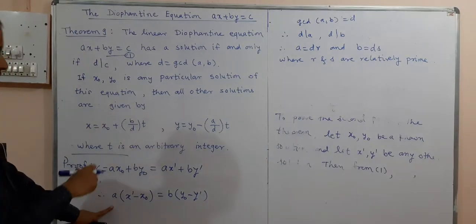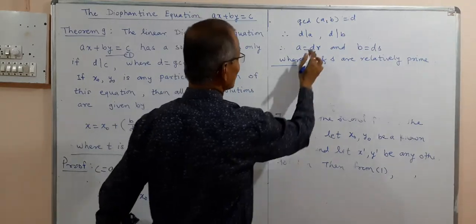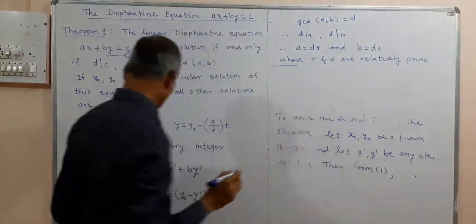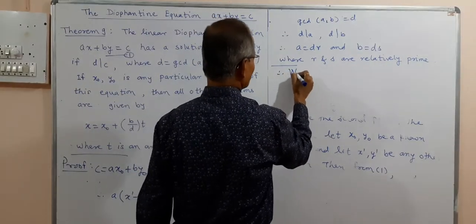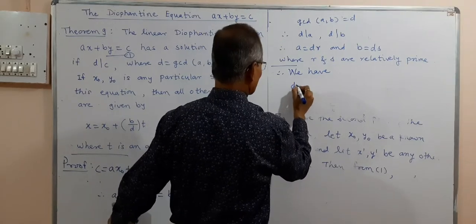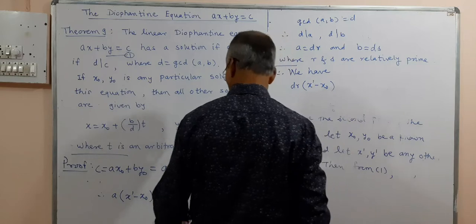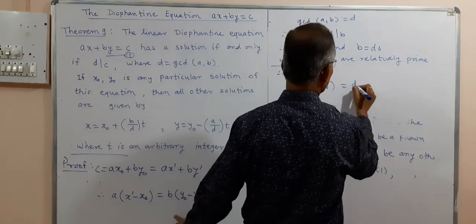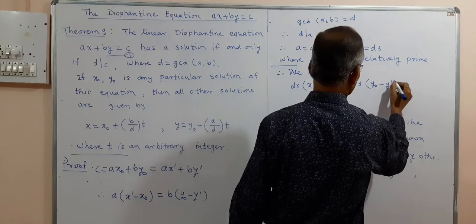So put that value here. So therefore we have a into x dash minus x naught. A is dr. Therefore we have dr into x dash minus x naught is equal to ds into y naught minus y dash.